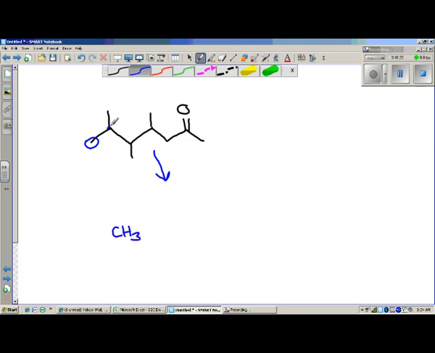And then we want to go from that CH3 to the next carbon, which is going to be this one. And this is where we have to be careful, because coming off this carbon is another carbon here. In fact, we can draw all our 7 carbons in a row. So how about we just do that? We've got 5, 6, and 7.